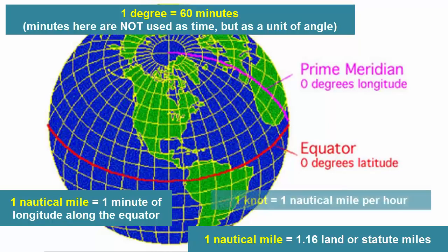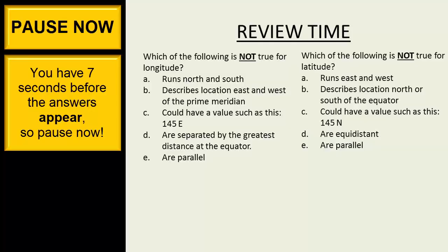If you've ever heard of knots, that's a unit used to measure speed of ships and is equal to nautical miles divided by hours. 1 knot equals 1 nautical mile per hour. While the SI unit system with kilometers has largely replaced miles in most parts of the world, here in the U.S. we continue to use land and nautical miles as well as knots in most instances. Pause now.